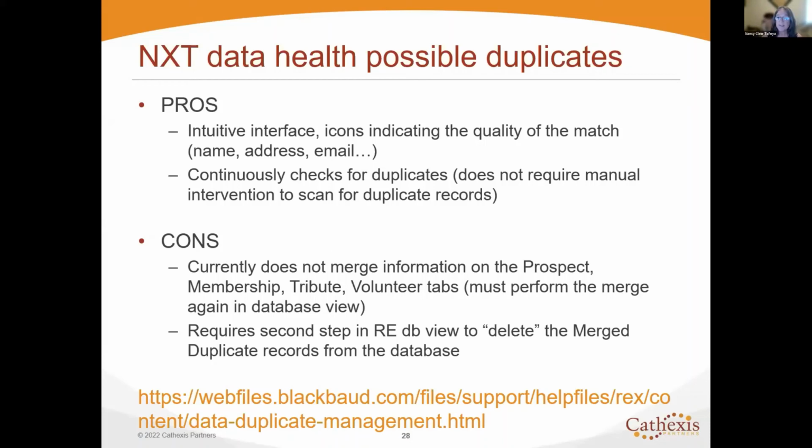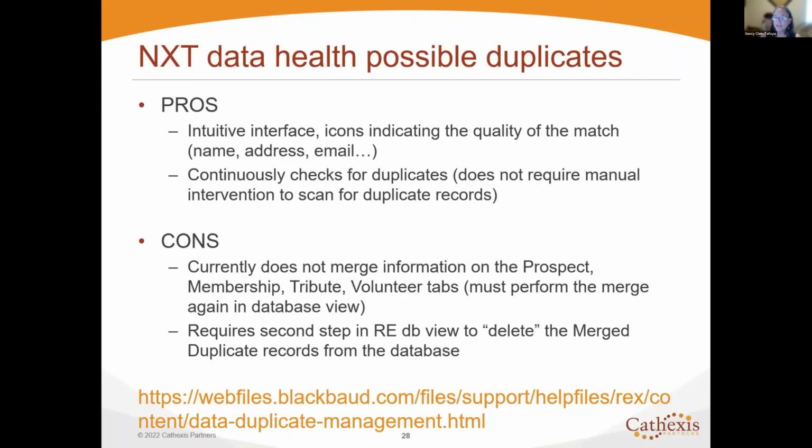The cons, just like the database, is it doesn't merge all the information from the records. And you'll see that, but it's constant. Blackbaud is constantly adding functionality. So as time goes on, you'll see that information about volunteers and memberships will be part of the merge process, but right now they're not. And another con is it's a two-step process.